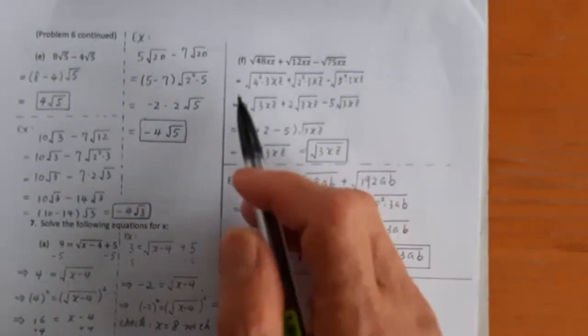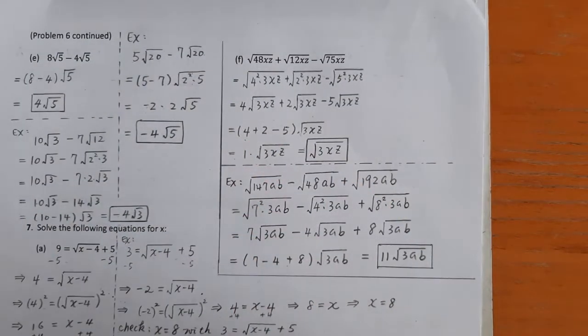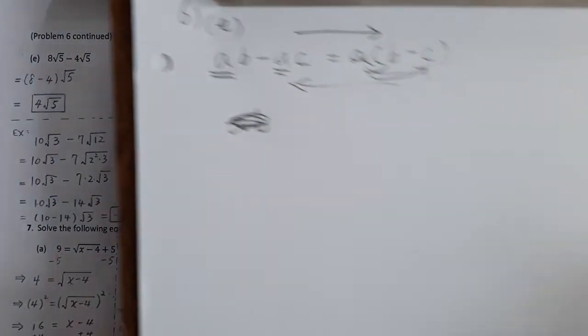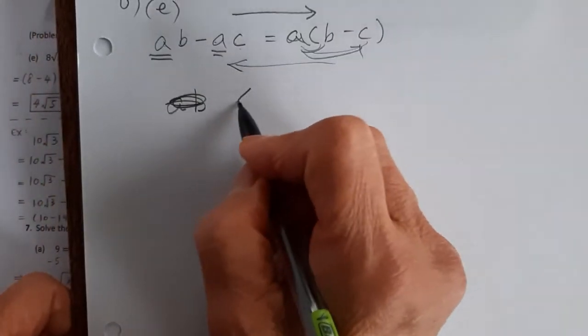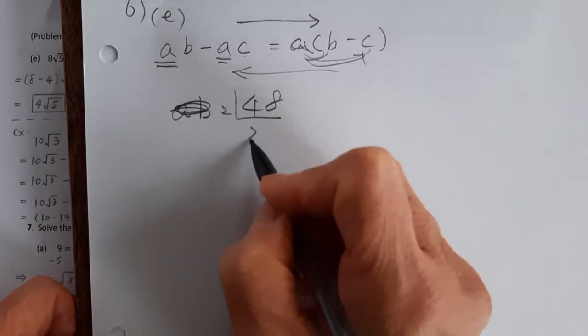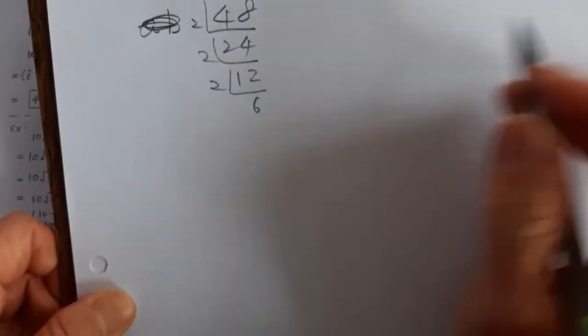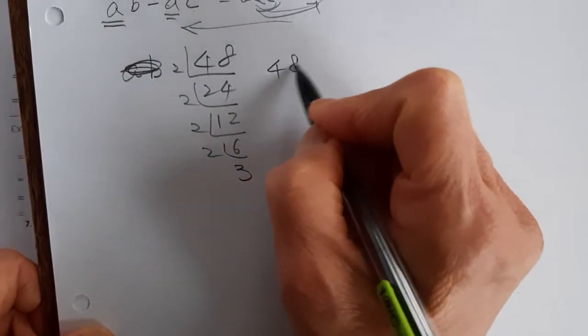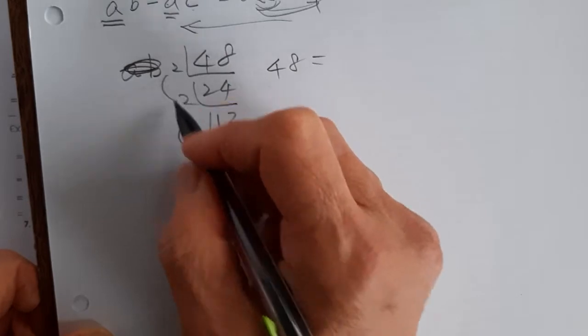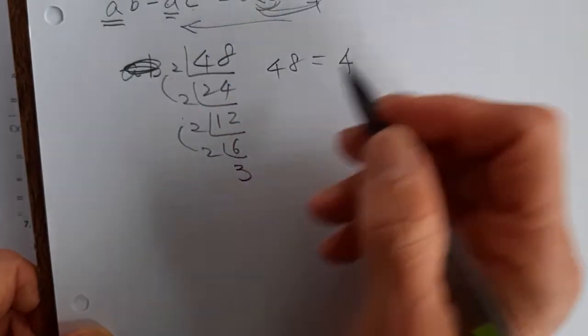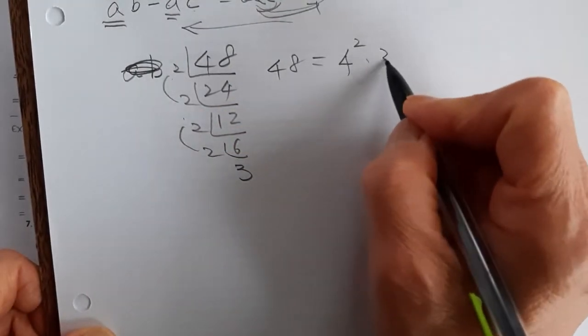And this one, 48. 48, you can do prime factorization. 48 divided by 2, 24, divided by 2, 12, divided by 2, 6, divided by 2, gets 3. So 48 is equal, 2 times 2 is 4, 2 times 2 is 4, so it's 4 squared times 3.